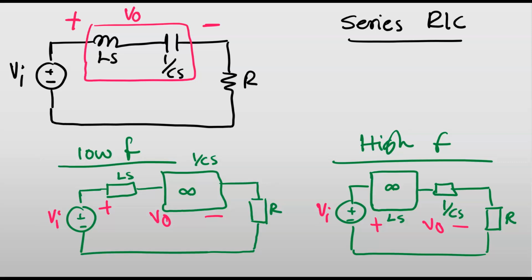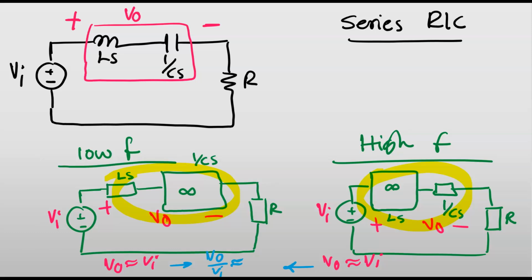So considering these two as one impedance, together they have an infinity impedance. So in both scenarios, VO will be very close to input voltage, which is VI, which basically means that VO over VI is almost equal to 1.